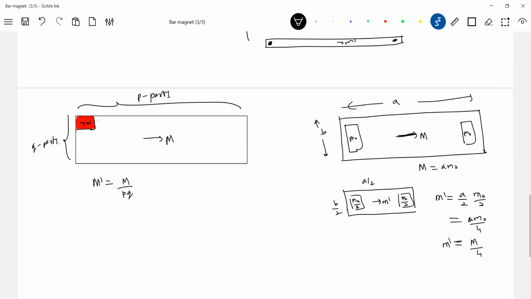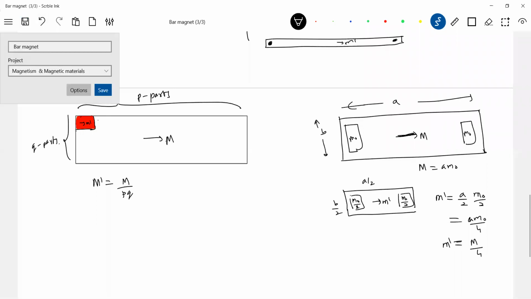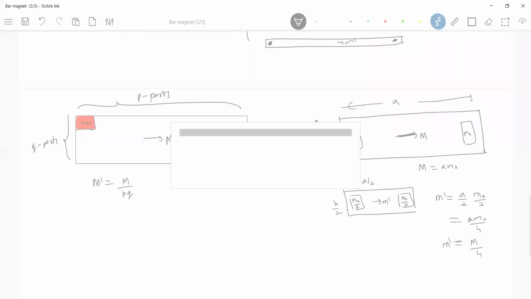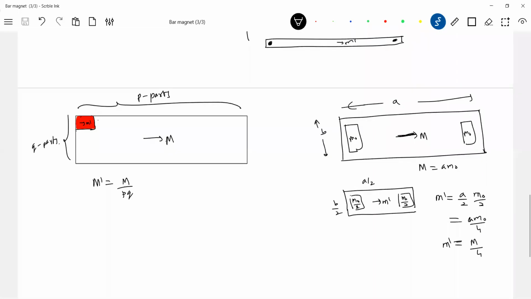In numericals, a bar magnet, 1/4 of it is taken and suspended. So how to calculate the dipole moment of that 1/4? This is the method, so be careful. It is very simple and very important. Such small things may trouble you in the exam if you are not alert.